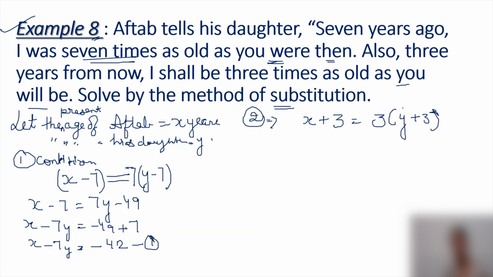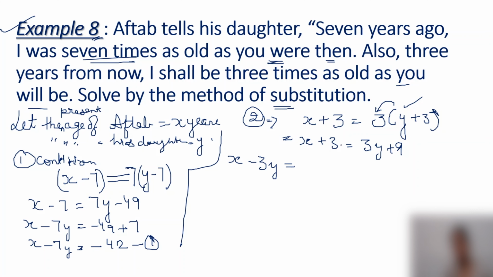Therefore we multiplied the age of daughter after 3 years by 3 to make them equal. Now x plus 3 is equal to 3y plus 9, which can be rewritten as x minus 3y is equal to 3 will go here, it will become 6. This is our second condition.